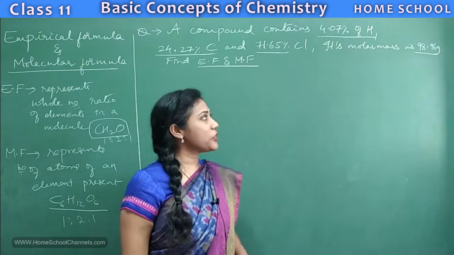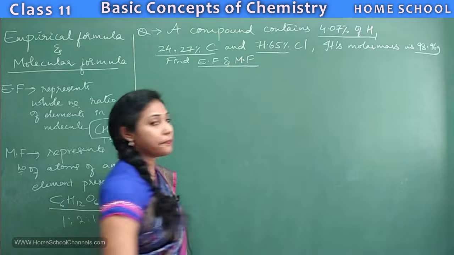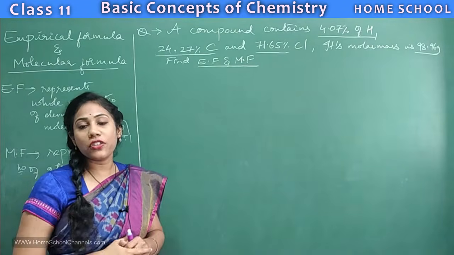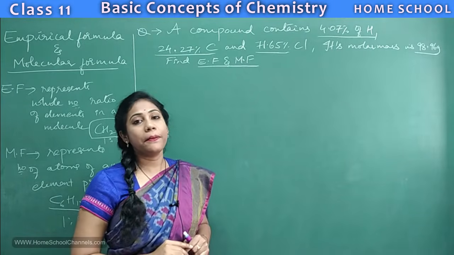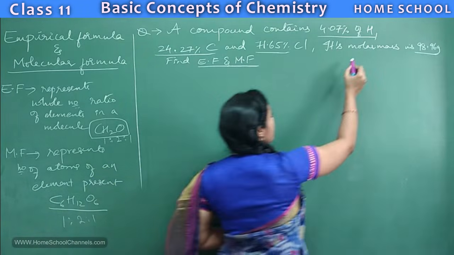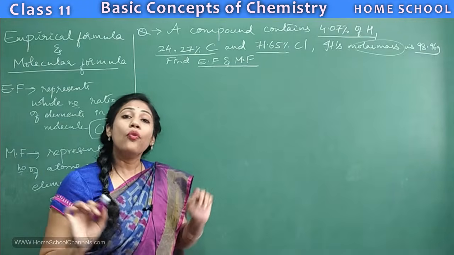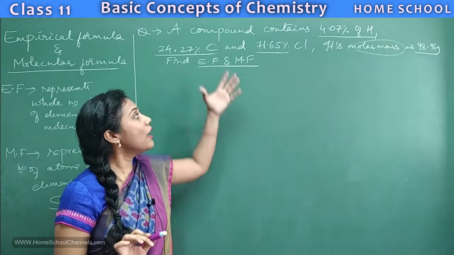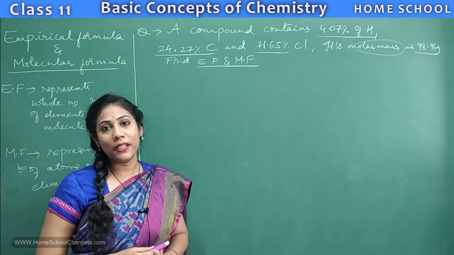Look at the information. Mass percentages, or percentage composition, of the elements are given. And one more piece of information is given, that is the molar mass. And they are asking what is the empirical formula for this particular compound and also the molecular formula.